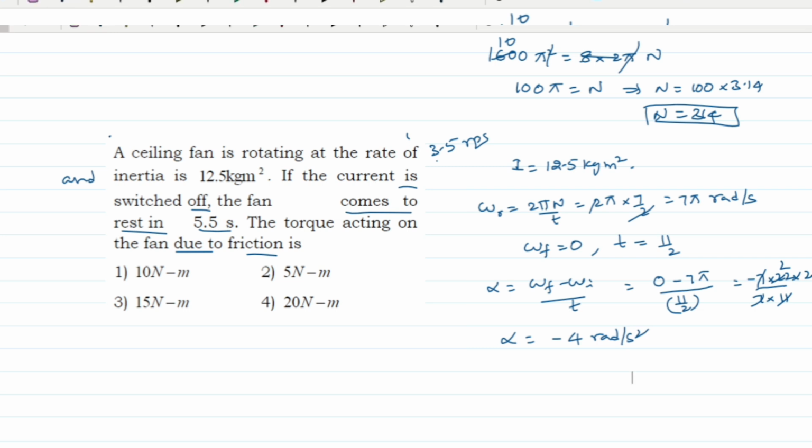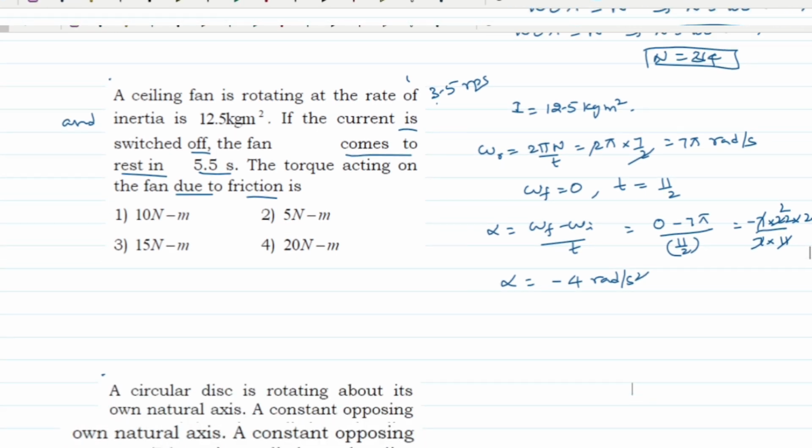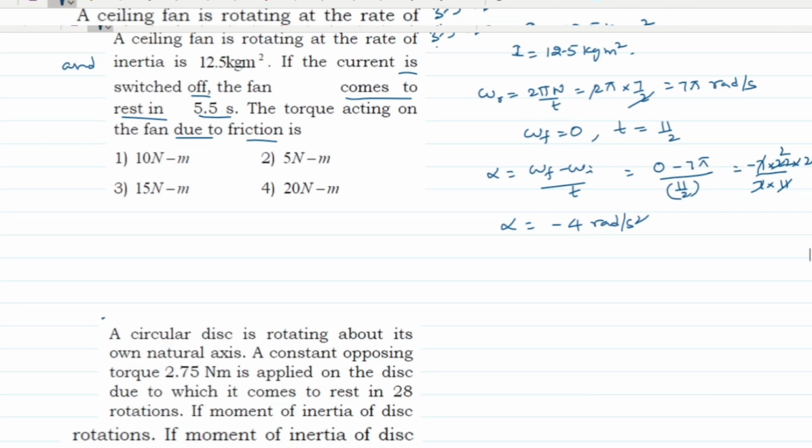The current value they have given, and they are asking for the torque acting on the fan due to the friction. The relation between torque and angular acceleration is tau equals I alpha. Moment of inertia is given as, students, not 12.5, it is 1.25 kg meter square.